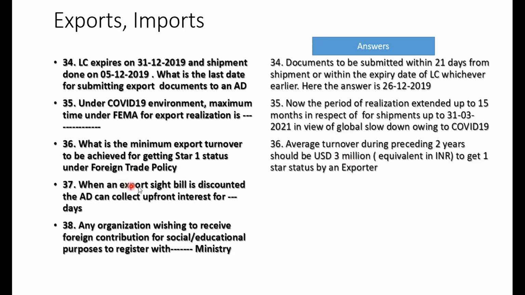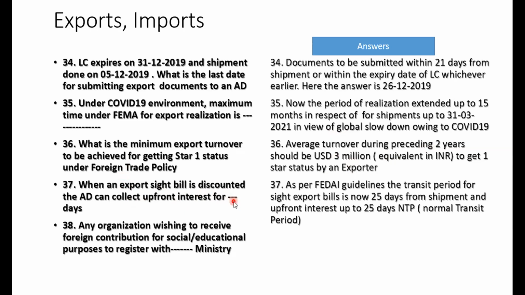Now the next one: when an export sight bill is discounted, how many days interest will you collect? You have to remember NTP, normal transit period. Even for a sight bill, the normal transit period as per FEDAI guideline is 25 days. Now, that 21 is different. That is the UCP limit to deliver the document; this 25 is the NTP.